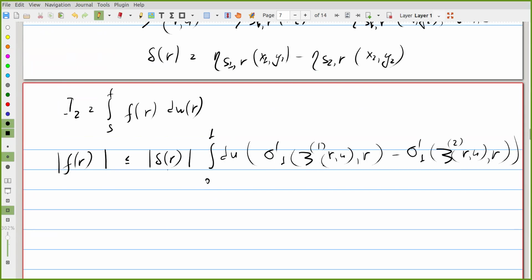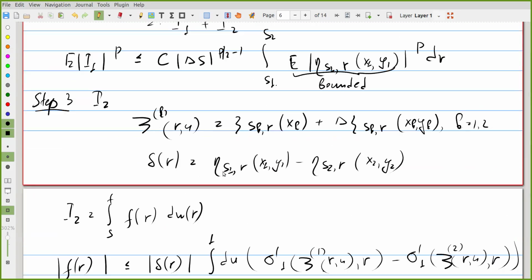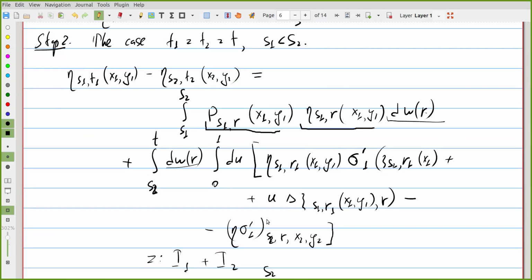So I am adding and subtracting sigma 1, the derivative of sigma with respect to the first variable of zeta 2 times this.